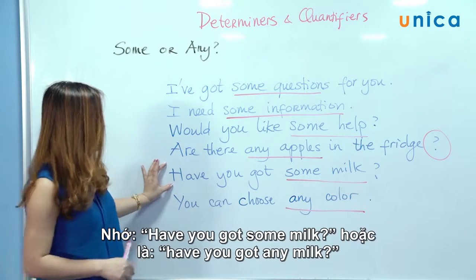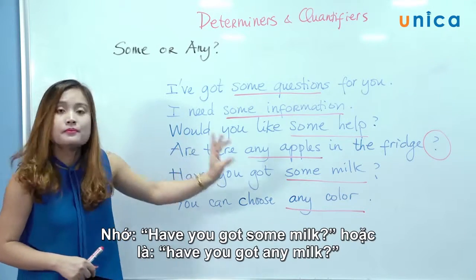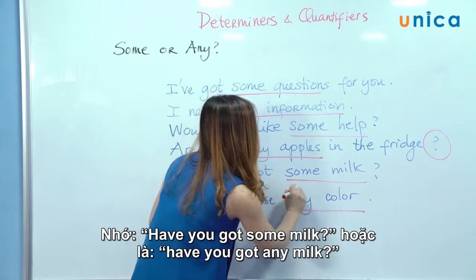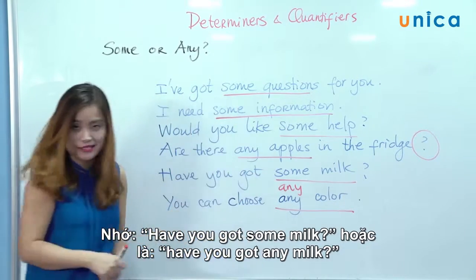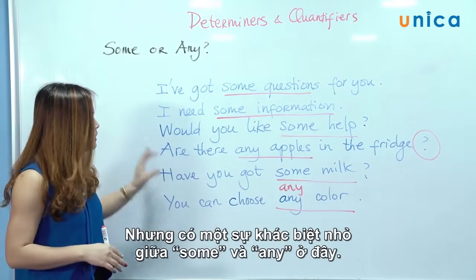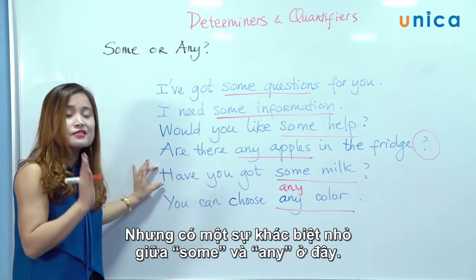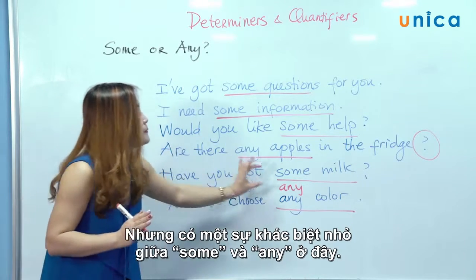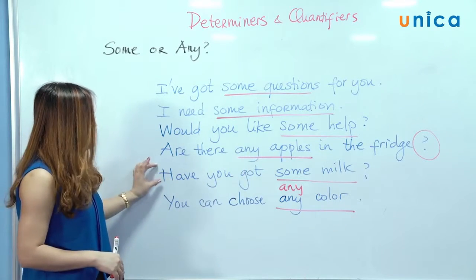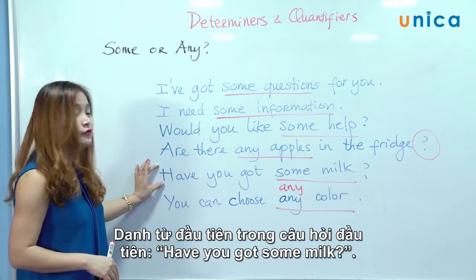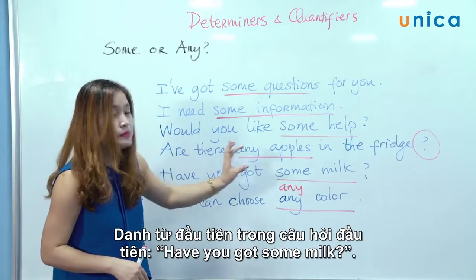And remember this one. Have you got some milk? Or you can use, have you got any milk? All right? But there's a little difference between some and any here. Now, the first question, have you got some milk?